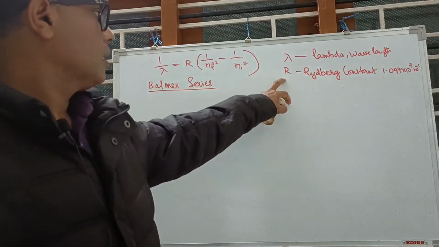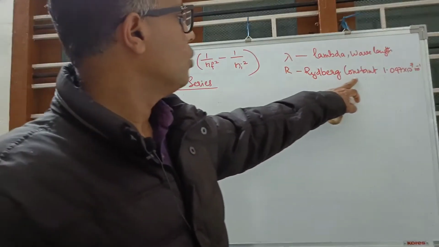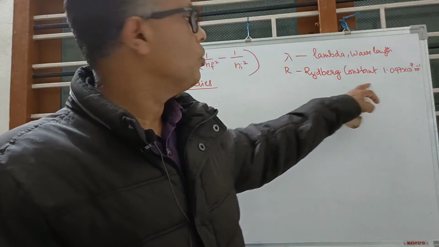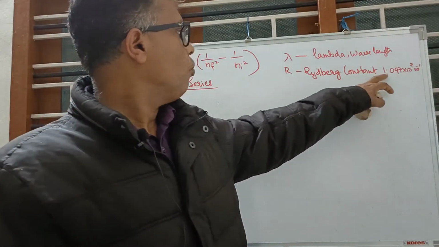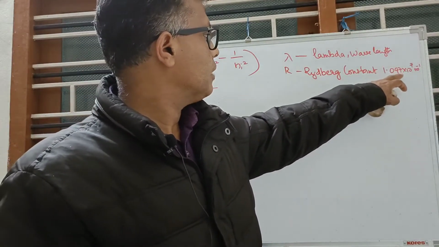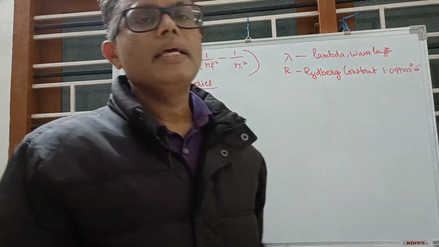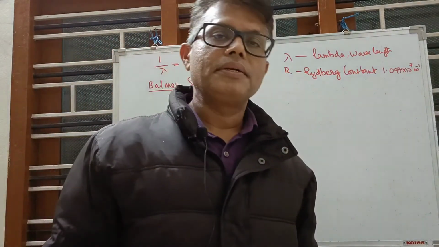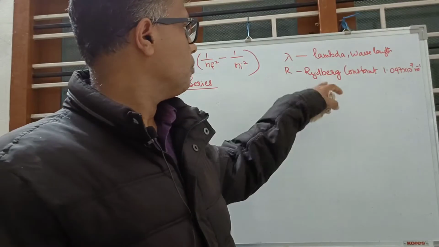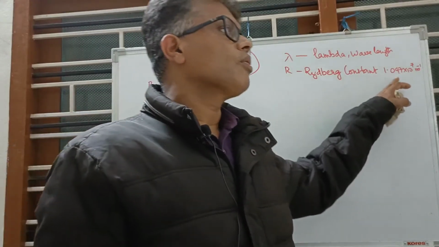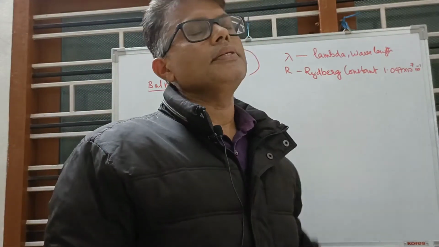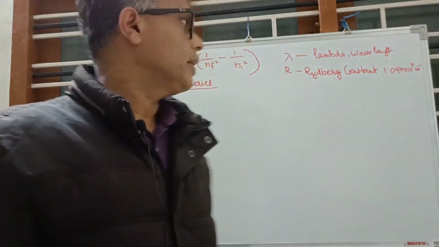What is this R? It is called the Rydberg constant. The value of the Rydberg constant is 1.097 into 10 raised to 7 meter raised to minus 1. So, very important one. Rydberg constant: 1.097 into 10 raised to 7 meter raised to minus 1.